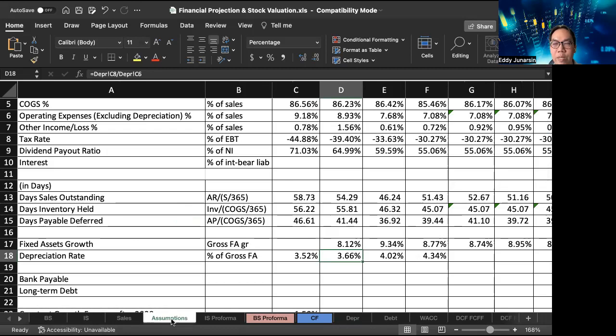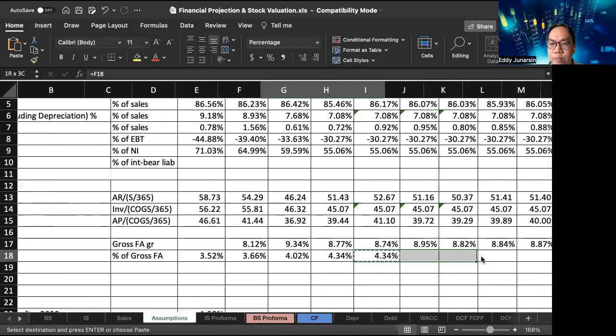Again, in real life, this might not be the most accurate method to estimate depreciation expense, but for the sake of brevity in this example, we'll just use the percentage of gross fixed assets. And again, see the pattern there, upward. So we just use the last figure.